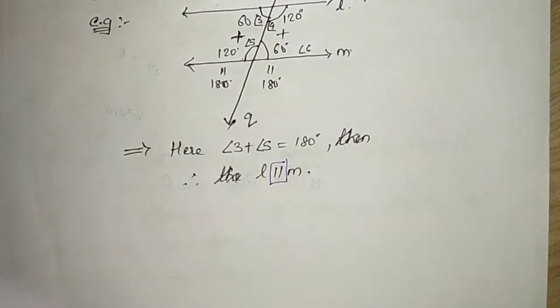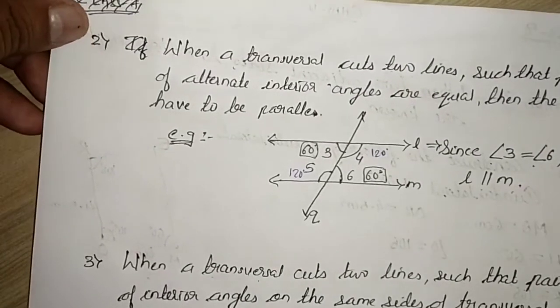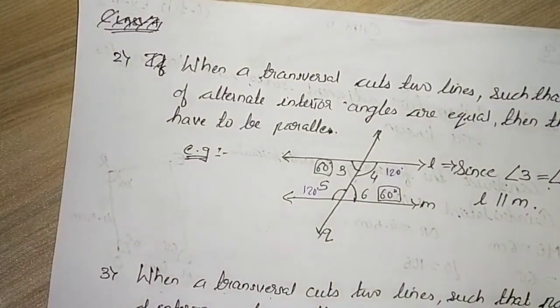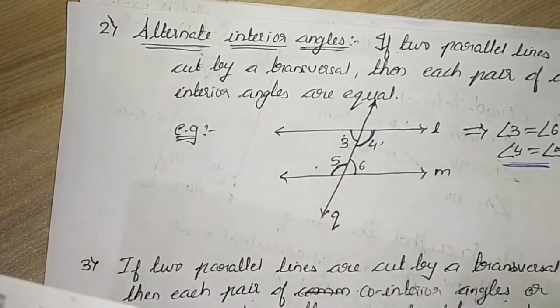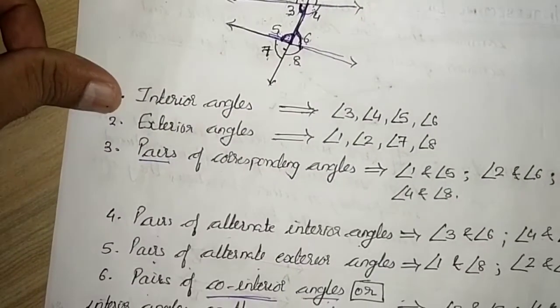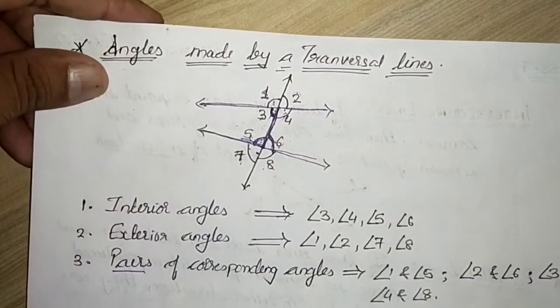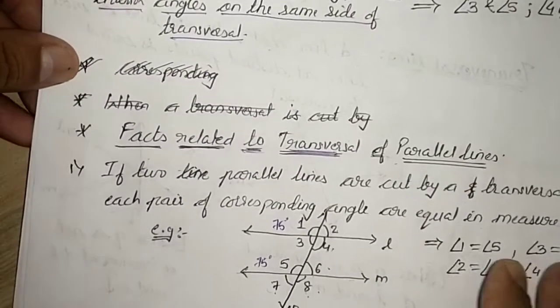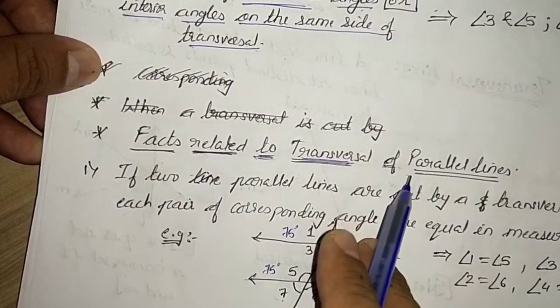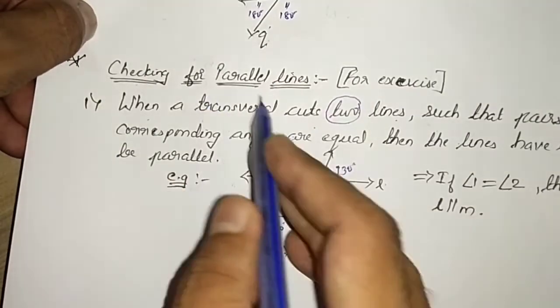Hope you have understood this introductory lecture. We will meet with exercise 5.2, but I want you all to go through this introductory lecture very well, understand and remember the names of different angles formed by the transversal when it is intersected by two lines, and also learn the facts related to the transversal of parallel lines, and these three points.